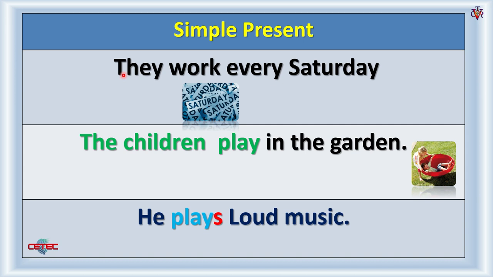In the first example, they, the verb has to be in a regular form, simple present. The children, here, child is singular, children, plural. And here in the picture, they are 2 children. So they use the verb in a regular form. He plays loud music. In that sentence, we are talking about a man, he, and the verb has to be different, plays.